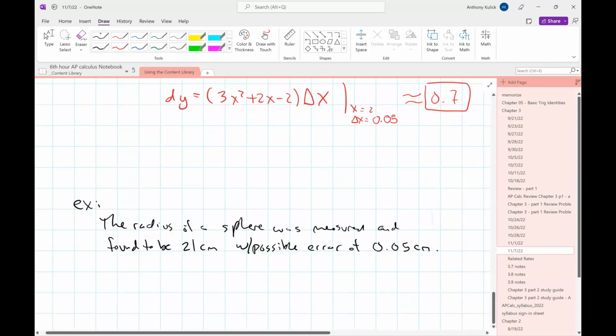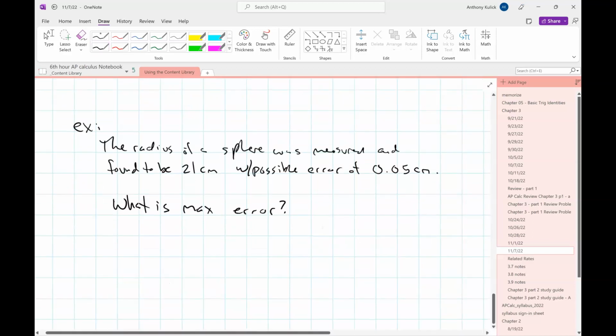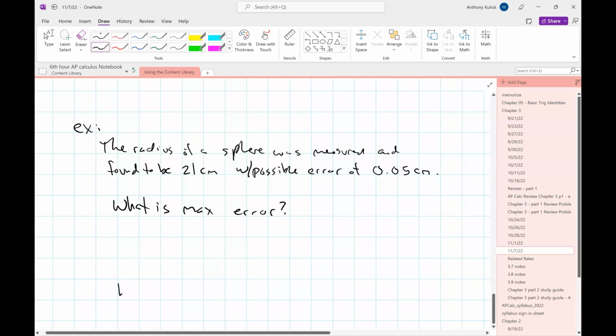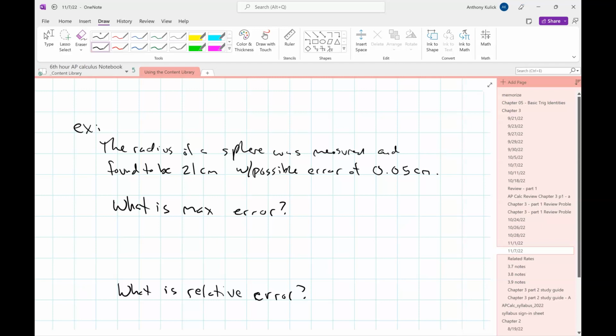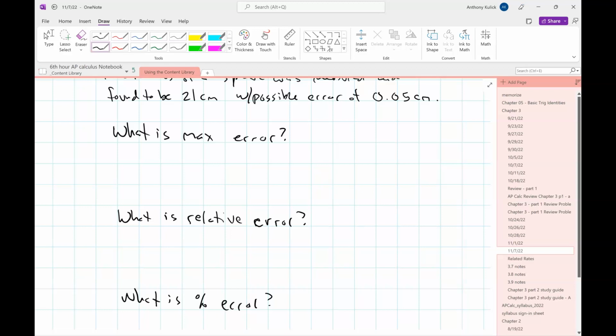Then let's say we want: what is the maximum error using this measurement, what is the relative error, and then what is the percent error, again from using this measurement.